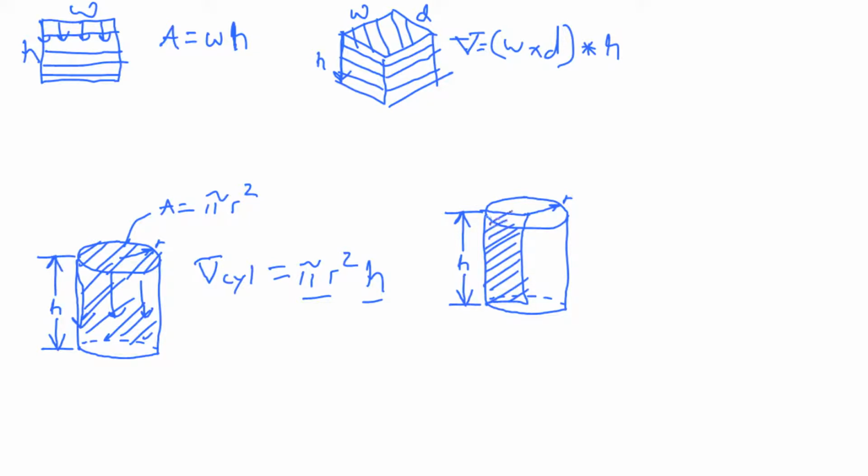It's a rectangle, and one side of the rectangle passes through the center line of the cylinder. Now if you imagine this rectangle rotating around the center line, it's going to sweep out a volume. It's going to pass through the entire cylinder at all points in the volume, and that's going to be the volume of our cylinder.